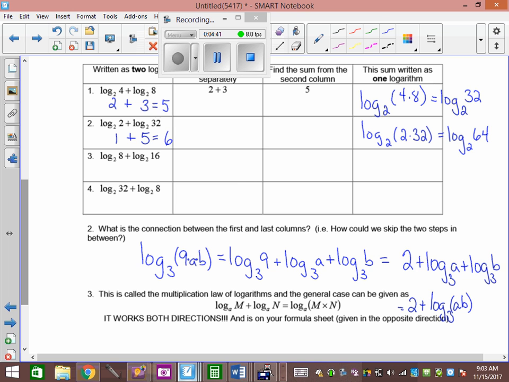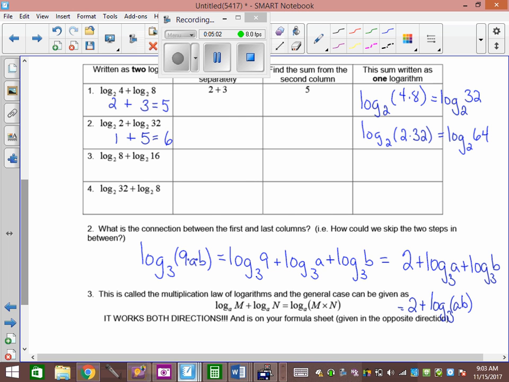The log goes away and it becomes a 2. And then these still have bases and they put them back together. Do you see that? They separate them by addition signs because they're all multiplied. That log base 3 of 9 turns into a 2, then log base 3 of a, log base 3 of b, and then they put them back together.